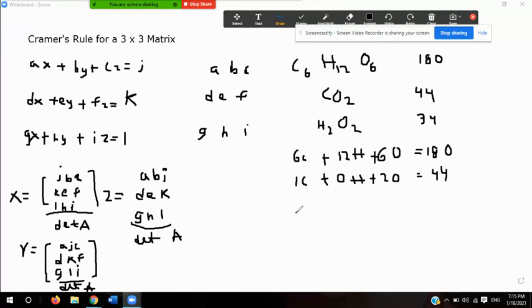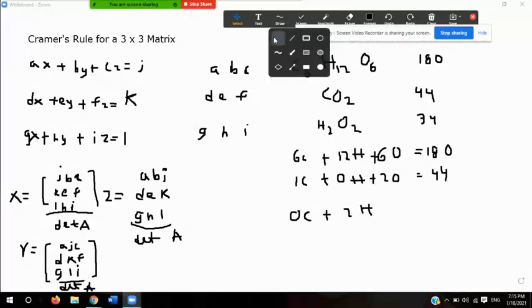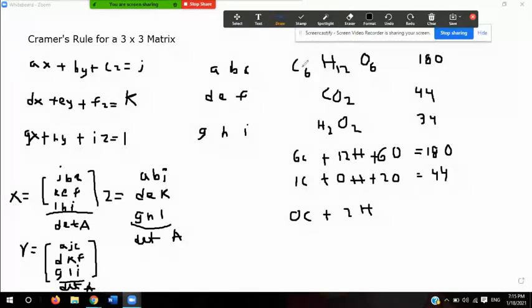So here we have 0 carbon, 2 hydrogen, and 2 oxygen, I'm sorry, 2 oxygen equals 34.